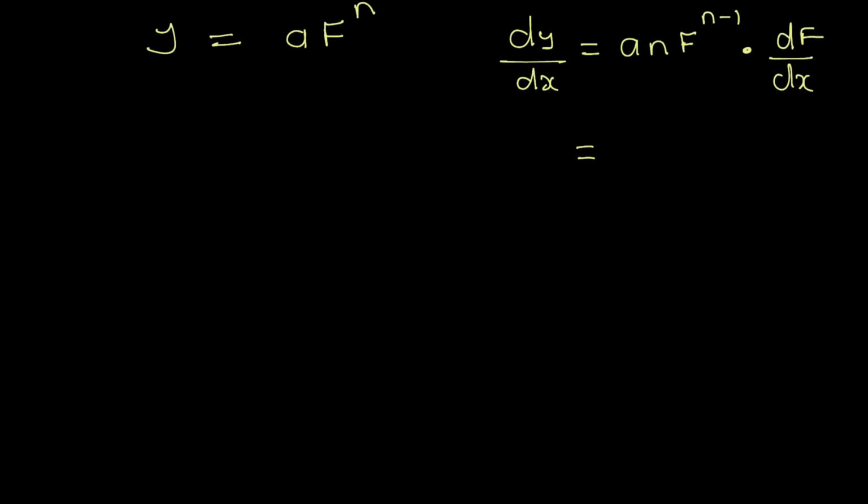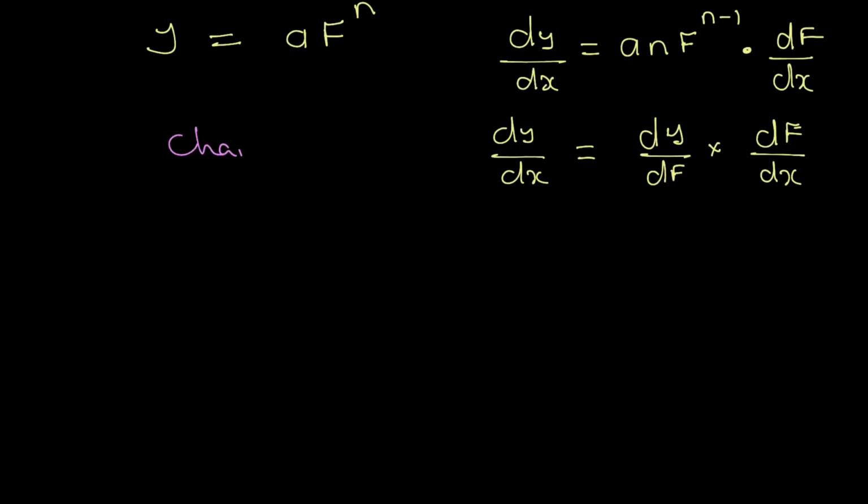This one here is dy/df times df/dx, and that gives you dy/dx. This is what we call chain rule. We cancel the df, and you get dy/dx back.